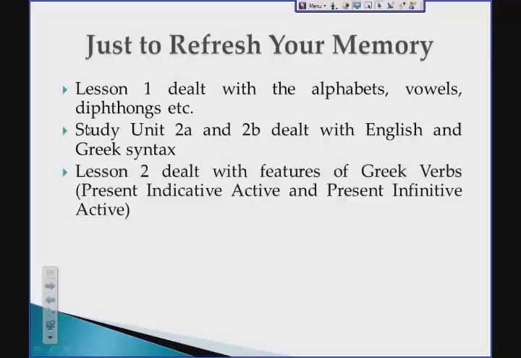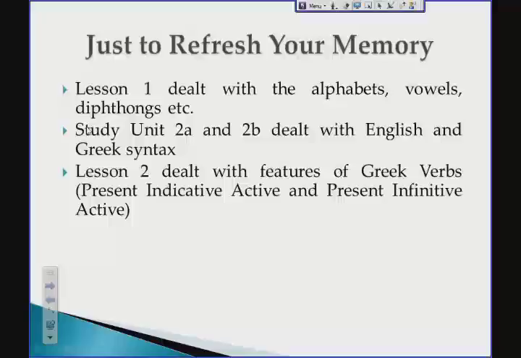And then lesson 2, we dealt with the features of Greek verbs. I think that's where we introduced to you the present indicative active and the present infinitive active, and that is basically what you did last week.